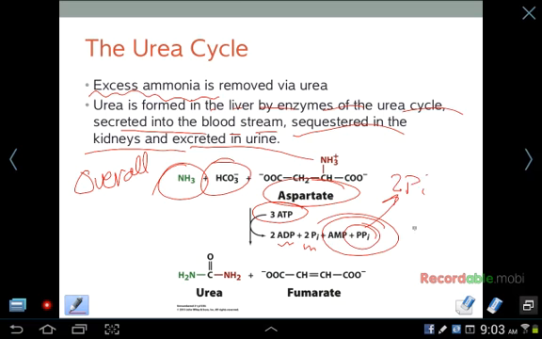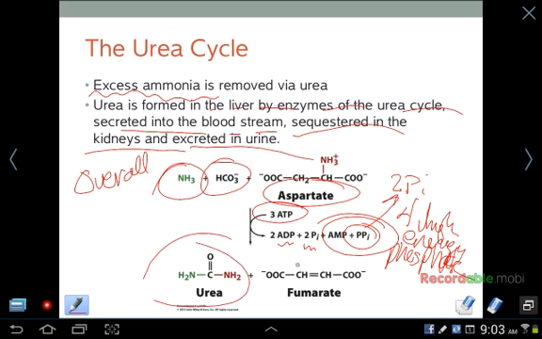So effectively we are hydrolyzing 4 high-energy phosphate bonds. So these are very energy-requiring reactions. In the end, we end up with a molecule of urea and then a molecule of fumarate.